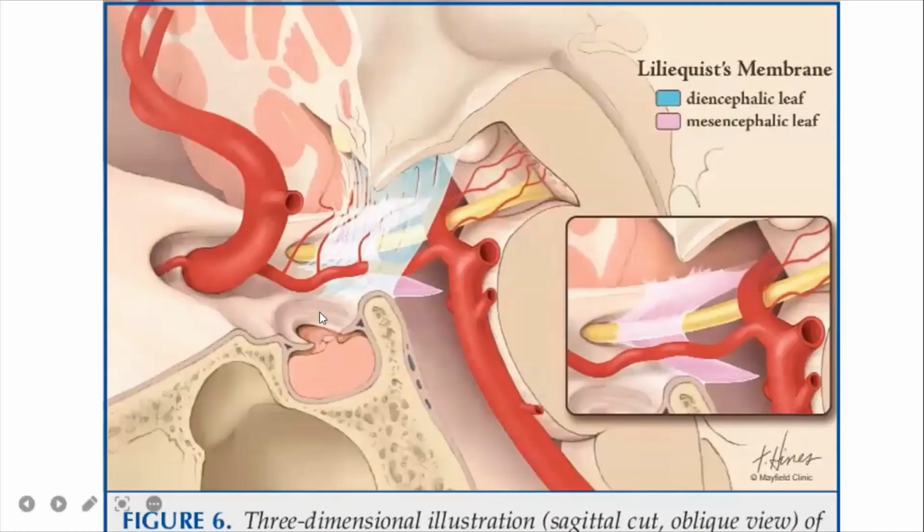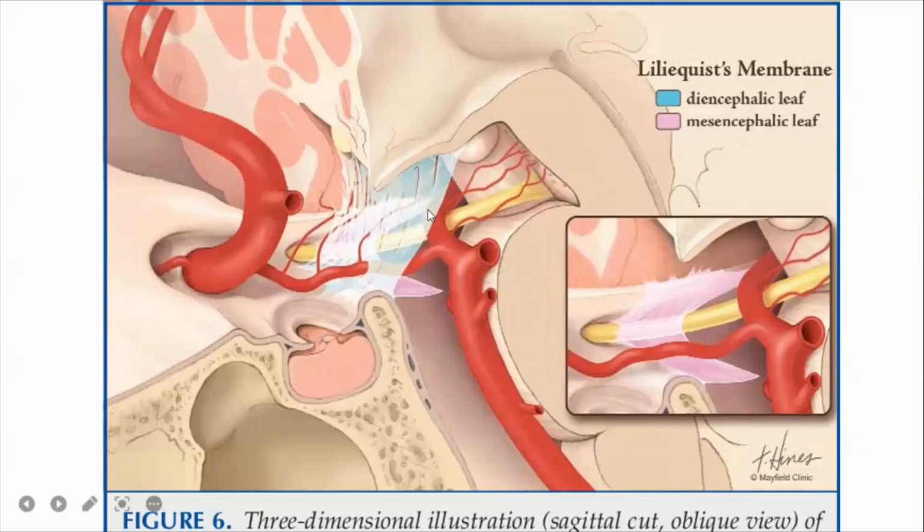As we can see in this figure, this membrane, which is adherent to the dorsum sellae, as it passes posteriorly along the oculomotor nerve, intersects and divides into two membranes. The upper leaf, which is the diencephalic leaf, shown in the blue colored area, passes superiorly and adheres to the diencephalon as well as posteriorly to the mammillary bodies.